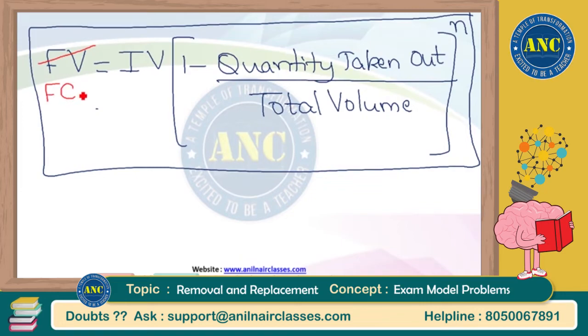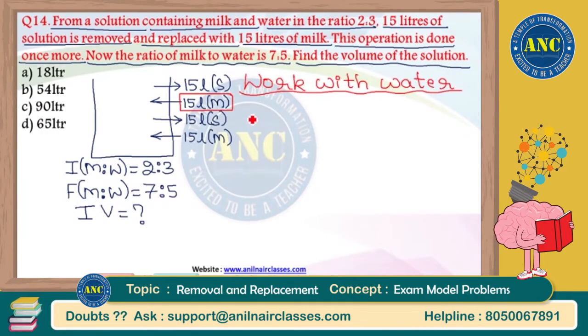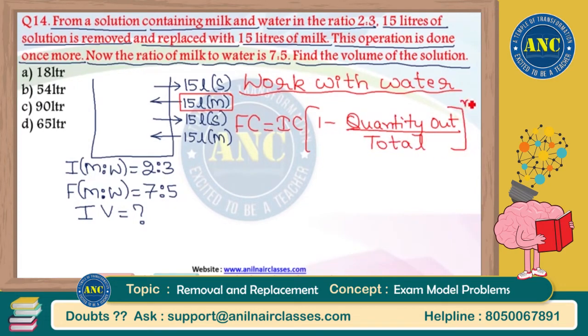If it is given in terms of ratio, you can take it as final concentration is equal to initial concentration into 1 minus quantity taken out divided by total quantity, whole power n. That means same logic I will implement here. But in this question, what should be the value of n? N should be 2, because this cycle is repeated one time here, and the same cycle is repeated another time. That means one particular cycle is happening 2 times. N value should be 2.